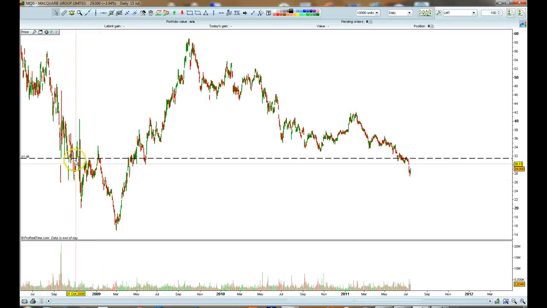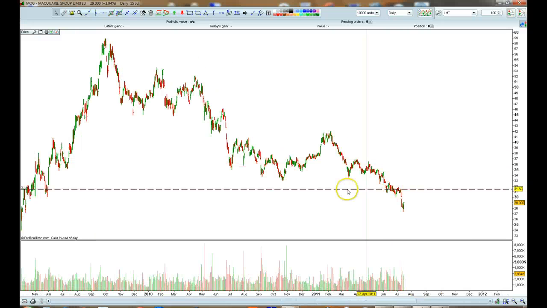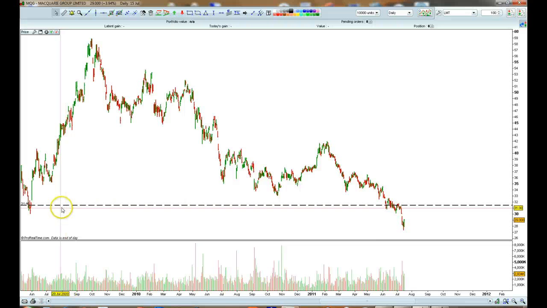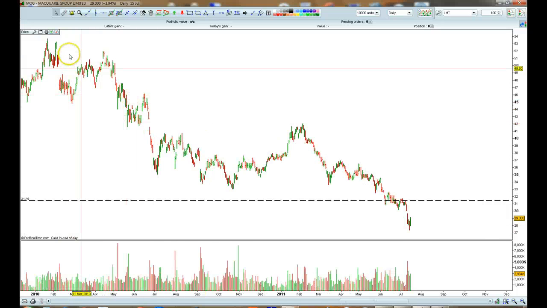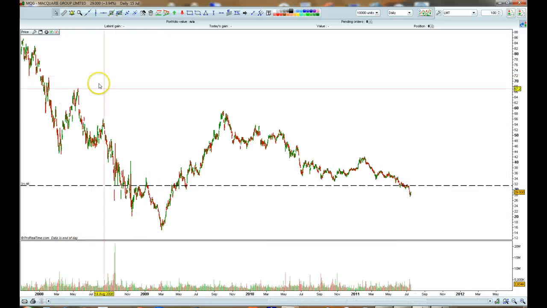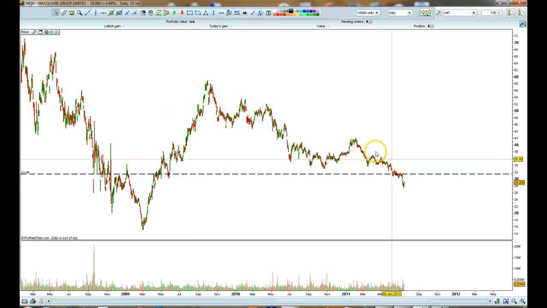The first thing you notice is that we've just recently broken an important support level. There's some other high volume bars. Oh, look, it's just been going down, hasn't it?